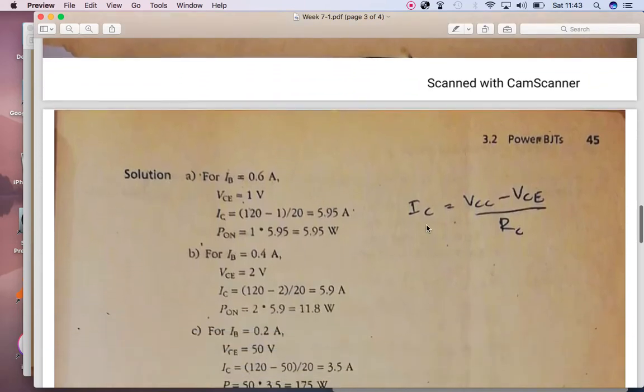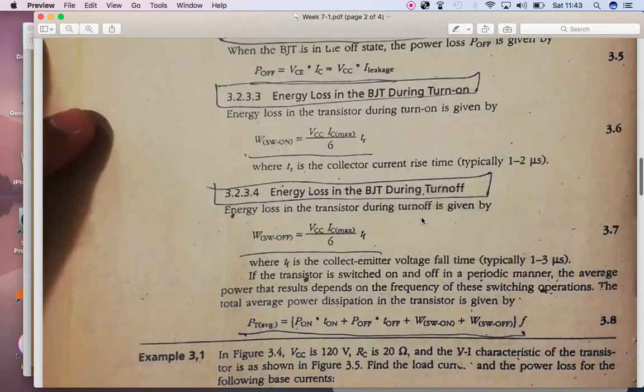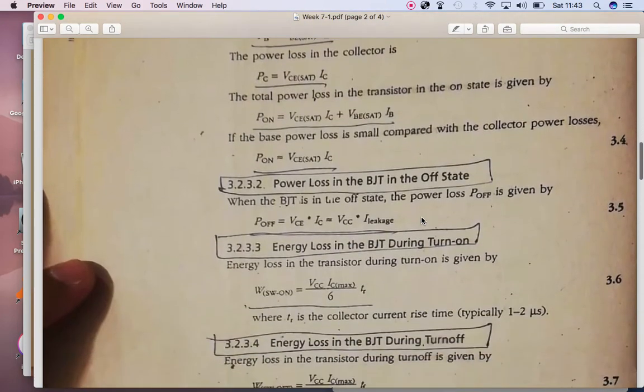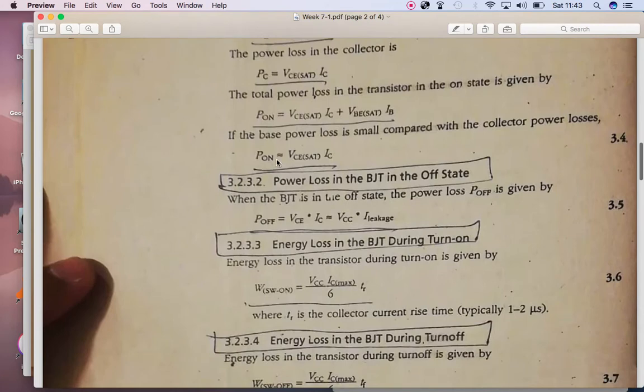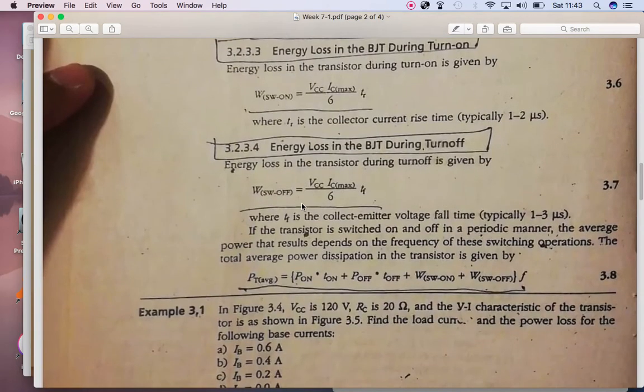The first one is this, by which we can calculate the load current, and for the power loss we have this formula over here, or we can use this formula. So in both cases we have nearly the same formula to calculate the power losses.